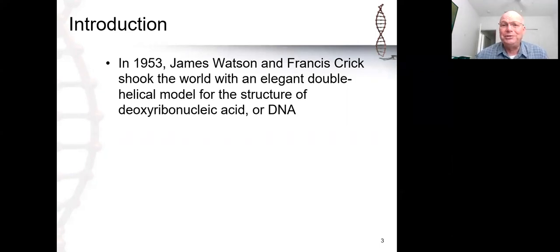And that gave Watson and Crick an advantage, and how they got that access to that information is actually one of the more unpleasant stories associated with what we talk about in this class.